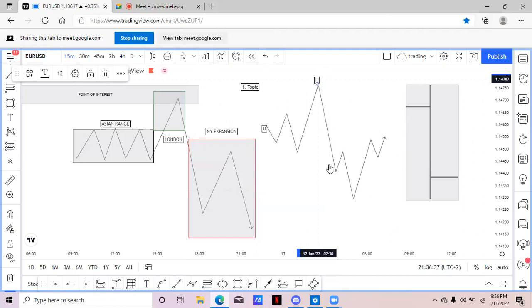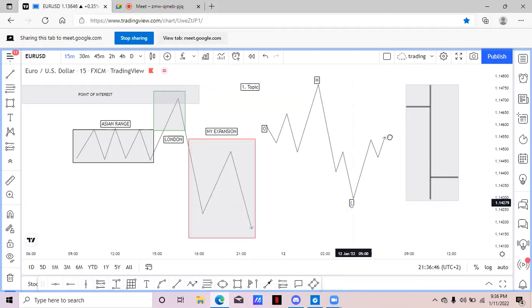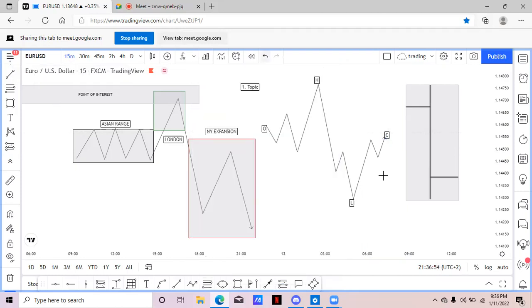And then this is the low of the day. And then this is the closing. So it's the same thing here, we're looking at the same thing.